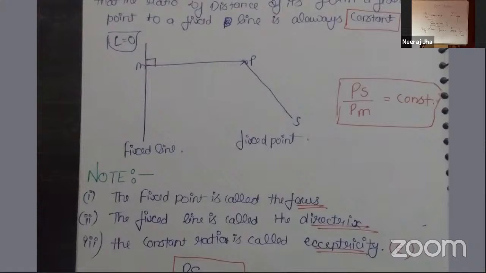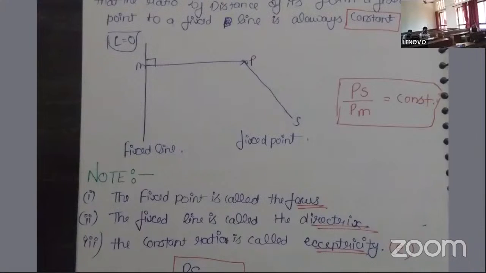And the fixed point is called the focus. Focus and directrix. So this property is the focal directrix property. That means if you take the distance from a fixed line and that ratio PS upon PM, that will always give you a conic section.